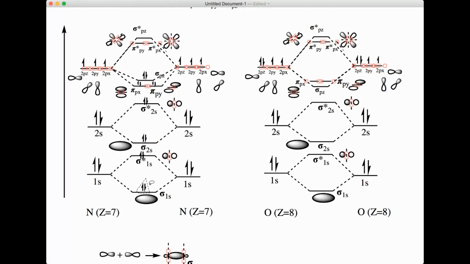So I'm going to go filling up from bottom to top, 16. So we have 2 here, 4, 6, 8, 10.